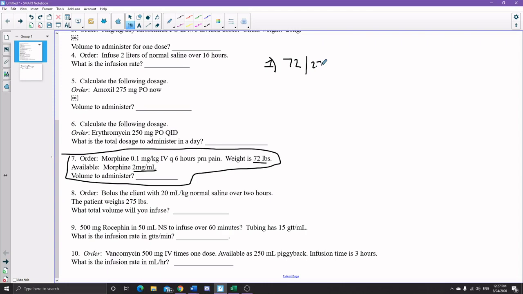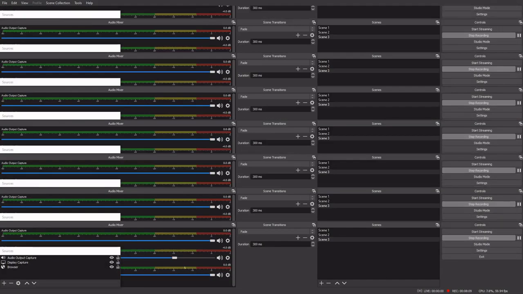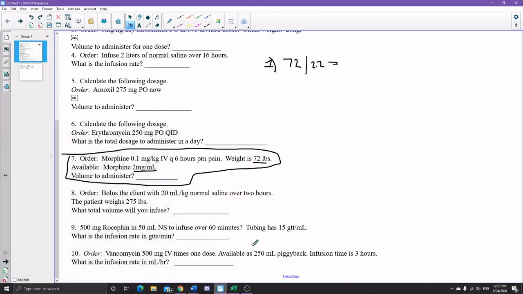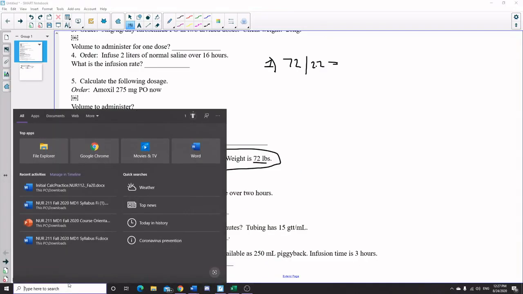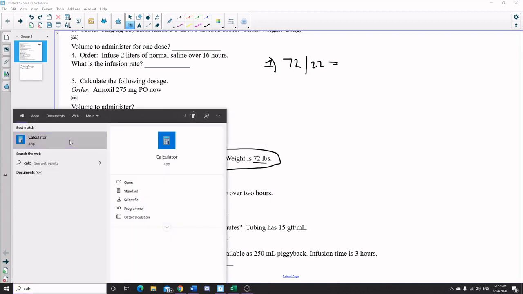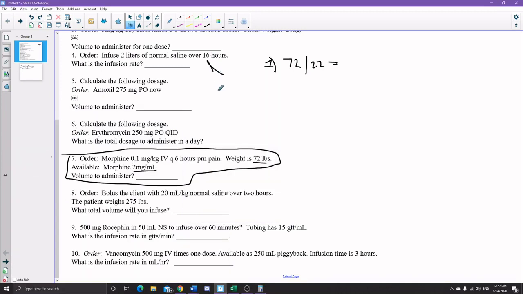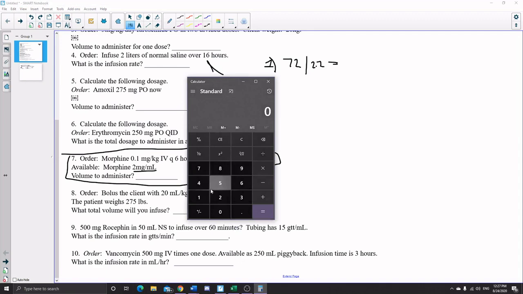to kilograms. So we're going to do 72 divided by 2.2. Deleted my calculator again. Oops. 72 divided by 2.2.